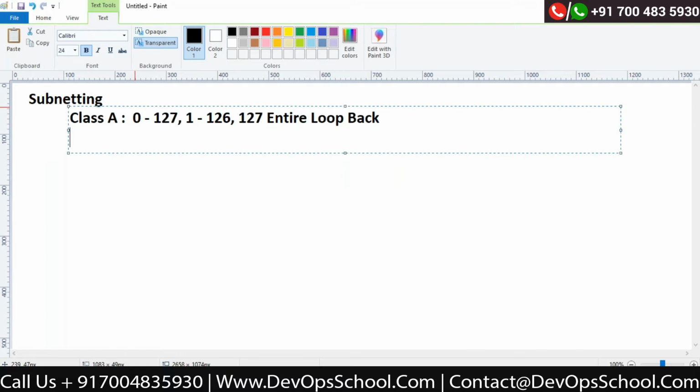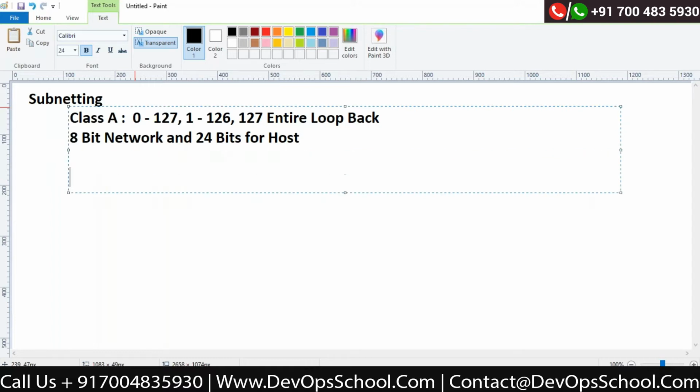Absolutely right. Thank you, Chaitra. It's 8 bits for network and 24 bits for host. So 8 bits are assigned for the network side and 24 bits are assigned for the host.